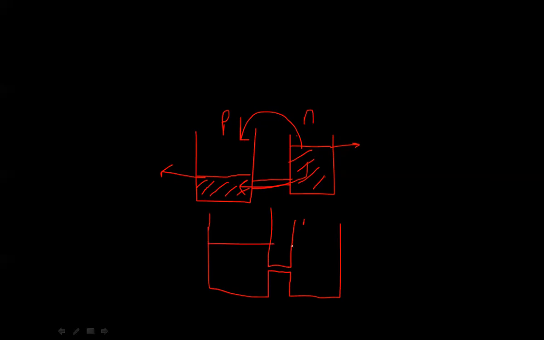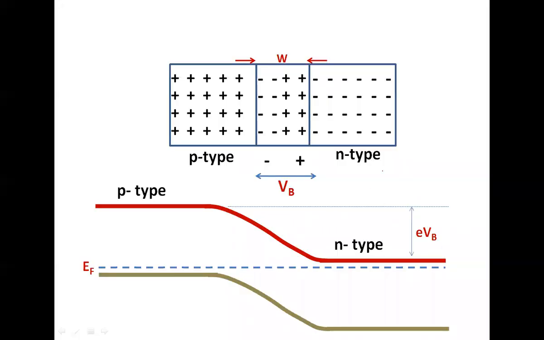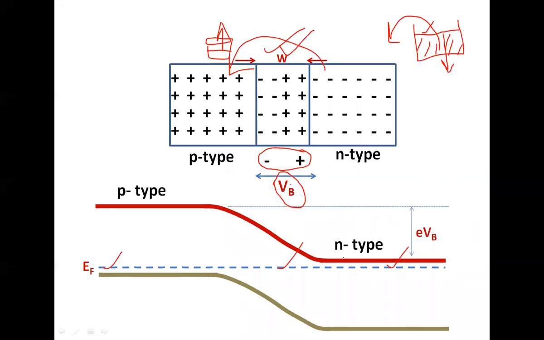After joining, the position of the Fermi energy level will be the same, and the electron flow will stop. This is the classical analogy of how the Fermi energy levels coincide in a p-n junction after forming the junction. Look at this: the Fermi energy level is the same in both cases because of diffusion of electrons. The Fermi energy levels in p-type and n-type coincide with each other.